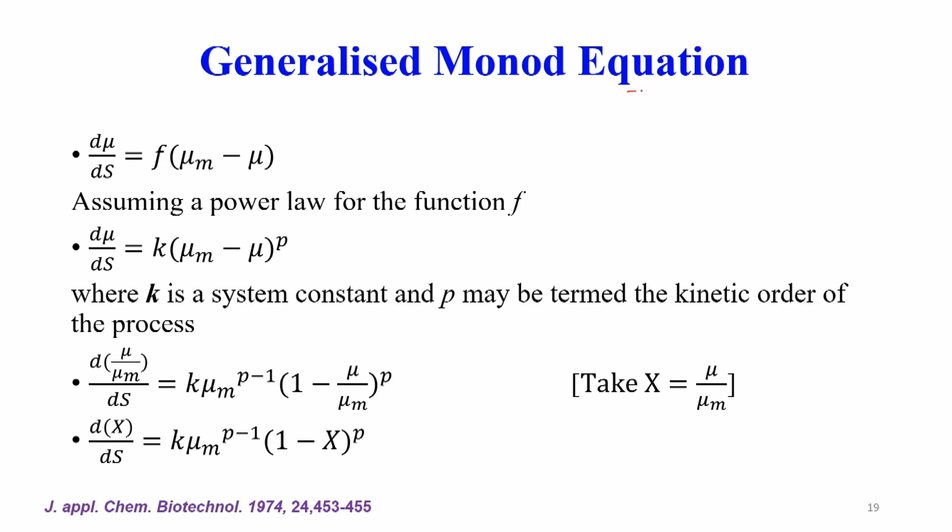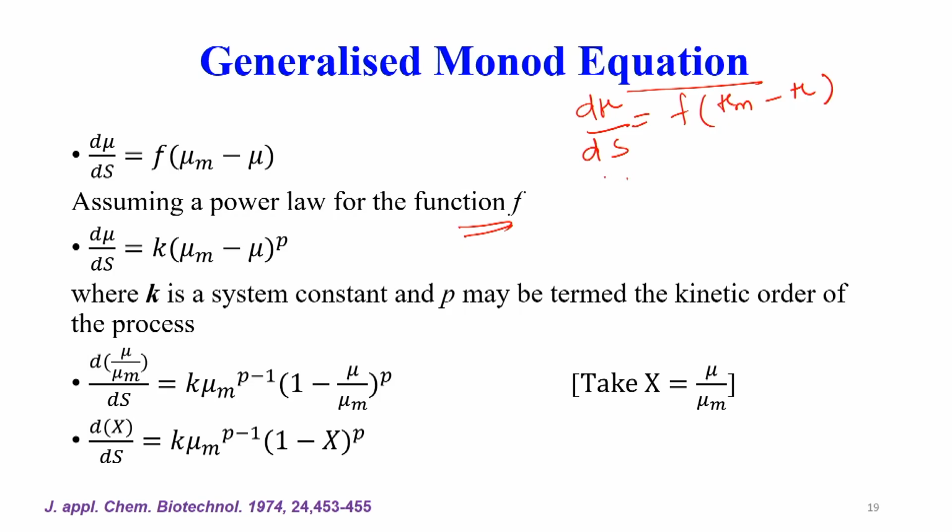Now, let us further discuss how we can derive this Monod equation. So, for the growth, what is the driving force? It says d mu upon ds is proportional to the driving force, mu max minus mu, alright, and assume this proportionality constant follows a power law function.